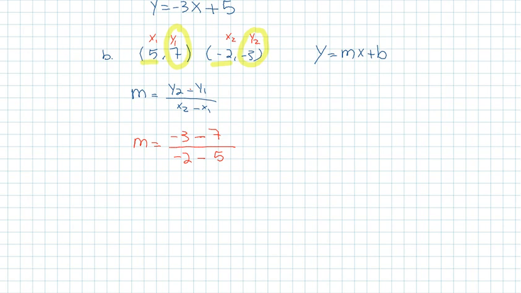Okay. So now I have to put things together. So negative 3 minus 7 is negative 10, over negative 2 minus 5 is negative 7. Okay? So because negative over negative gives me positive, I can write it as 10 over 7. And that is my slope.